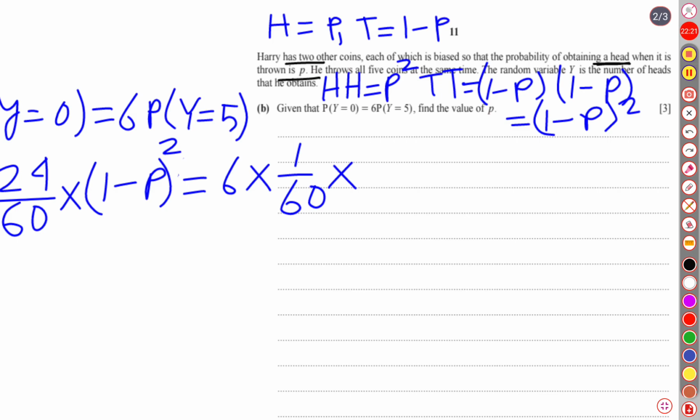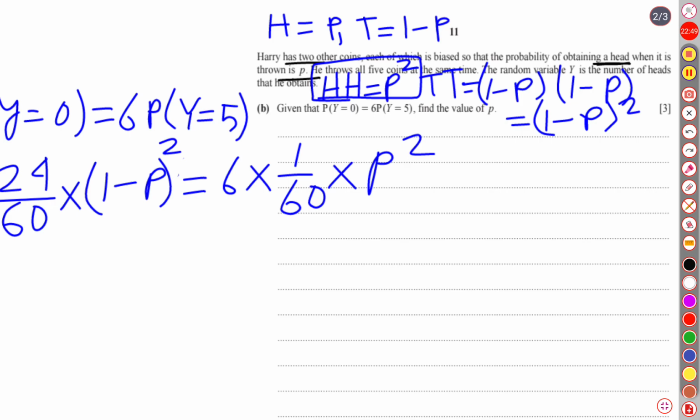Don't get confused about why we are not doing addition. All the coins have been thrown together, that's why it should be multiplication. So for the first 3 heads it was 1 over 60. Now for the last 2 heads, if both of them are heads, it will be just p into p, means p squared. I think you have understood what I am trying to explain.